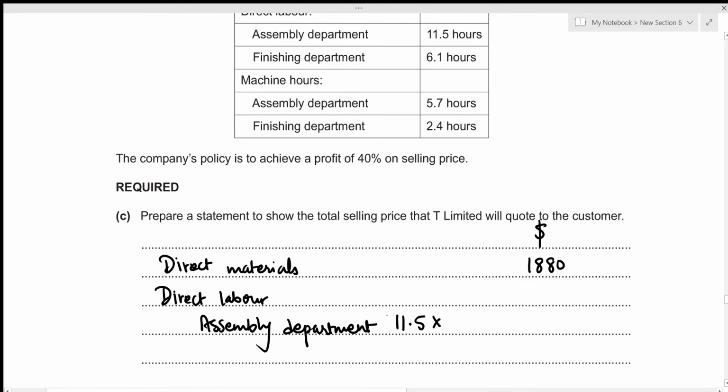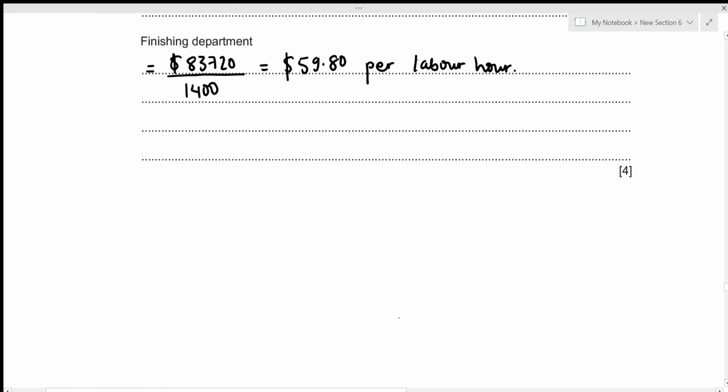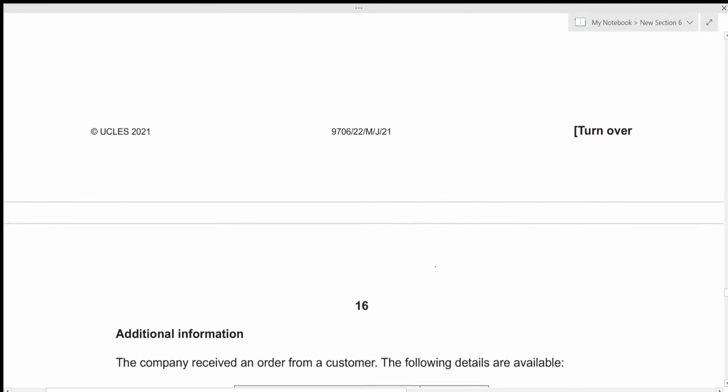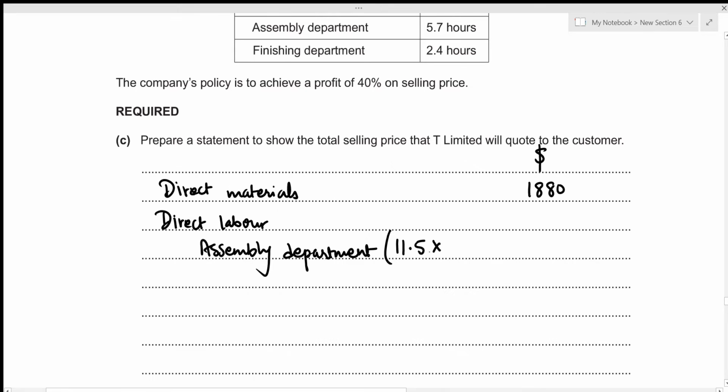Now we need to figure out the direct labor rate for the assembly department, which is given above right here, direct labor rate per month. For assembly department, that's 8.40, so we will just multiply the total hours of 11.5 with the rate of 8.40. This gives us the direct labor cost for the assembly department to be 96.6.